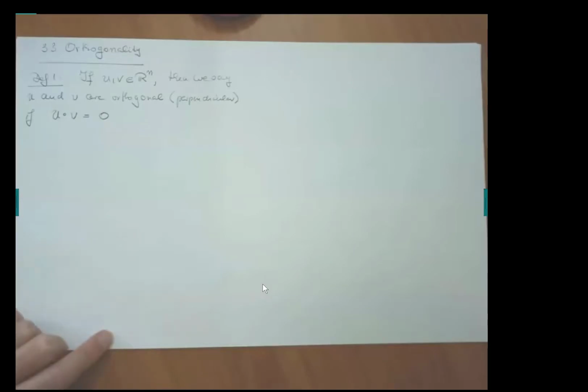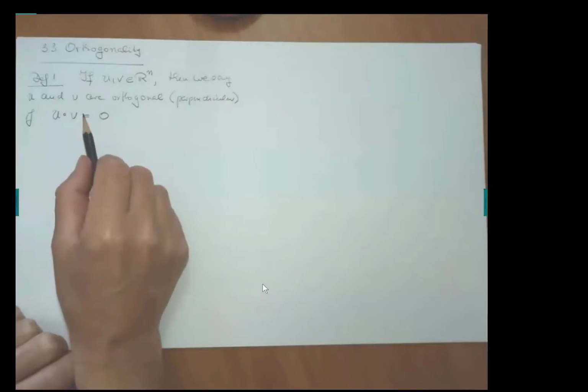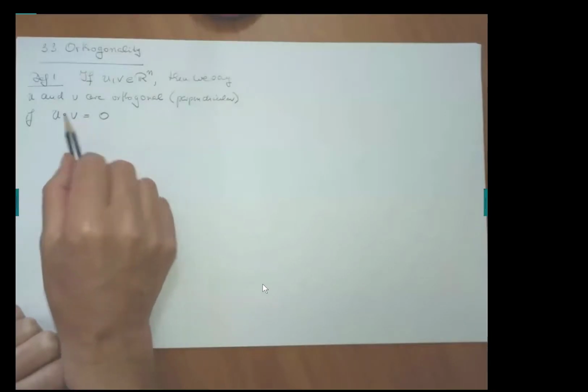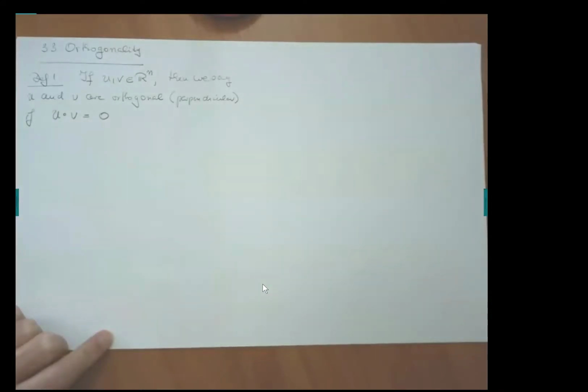Okay, and now the first thing in section 3.1 is that we connect this orthogonality to the first day of class when we talked about linear equation systems, and we saw that each row in a linear equation system is actually a line or a plane.